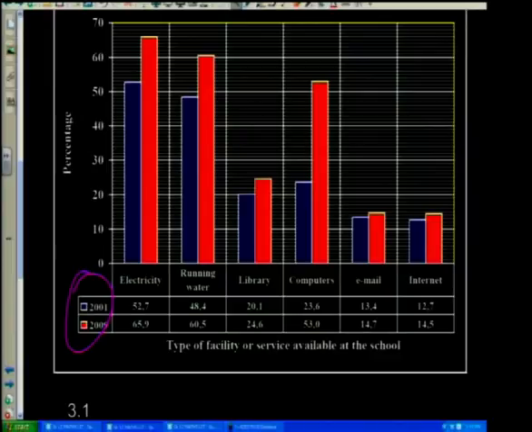In 2001, only 23.6% of schools used computers, whereas in 2009, we had a whopping 53% of schools using computers. That's encouraging, but also discouraging, because life's all about technology right now, and we'd like to believe that a lot of people are using computers, but statistics show that's not happening.